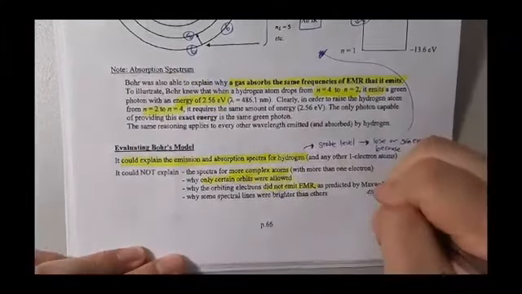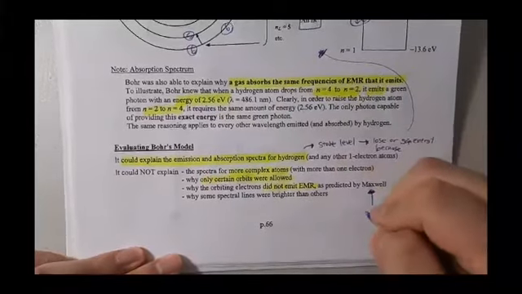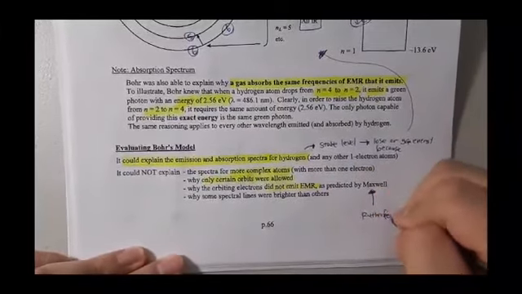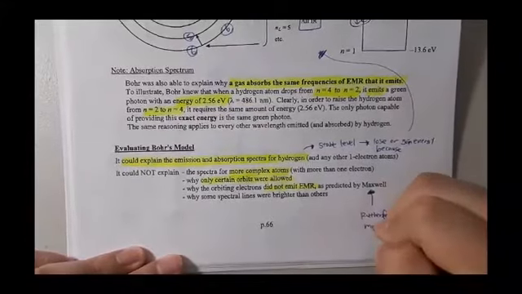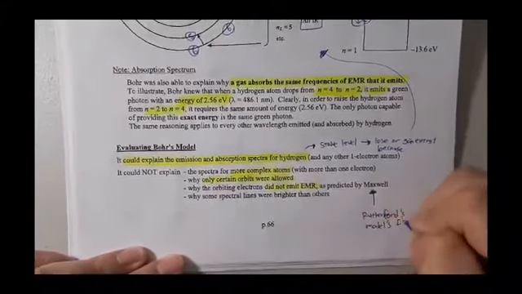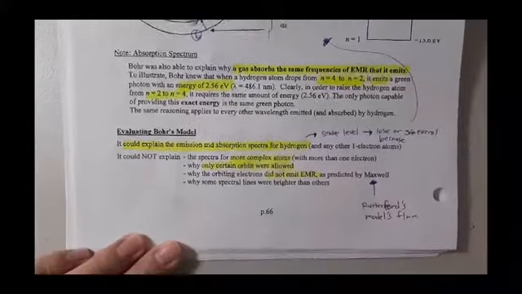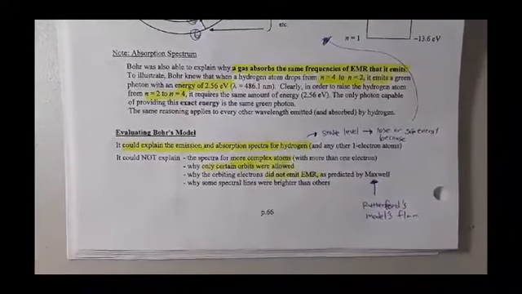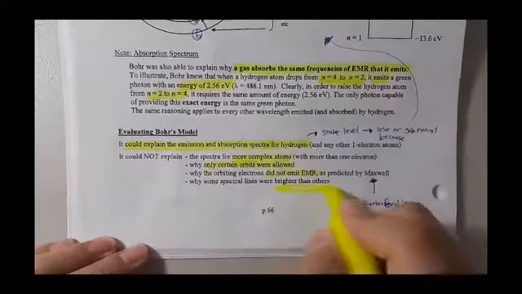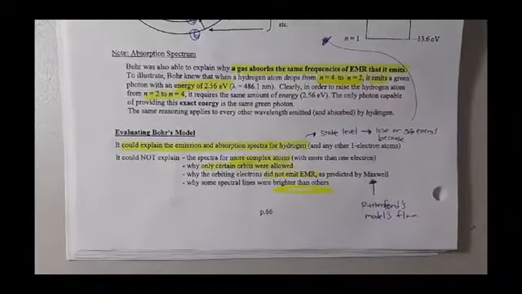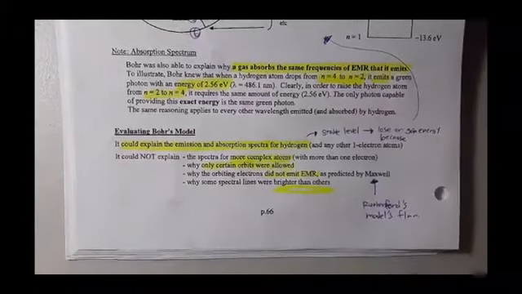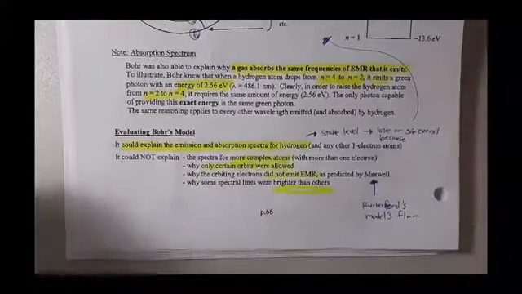This ultimate question that gave the Rutherford model a hard time was not answered. And why were some spectral lines brighter than others? Why not the same intensity? Those were hard to explain. And that is basically the introduction of quantum physics.